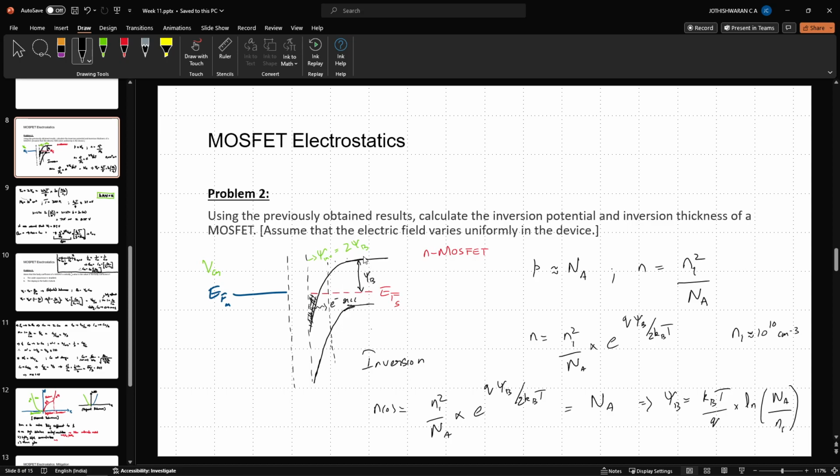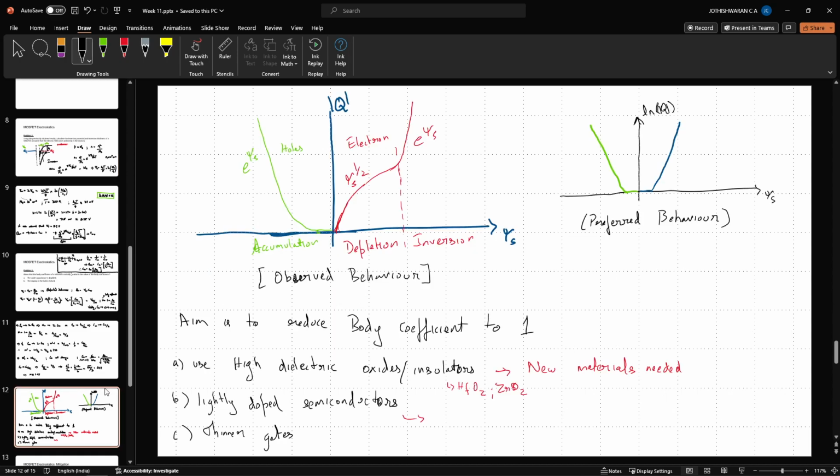And because of that, the inversion potential that is required will also come down, which implies now my device will be able to switch between on and off rather easily. Therefore, the sensitivity of my device becomes very high, which I don't want. I want my device to have a very well-defined on state and an off state, which only I can deterministically change. So although the body coefficient comes down, we will have poor controllability for the device. So poor controllability over here.